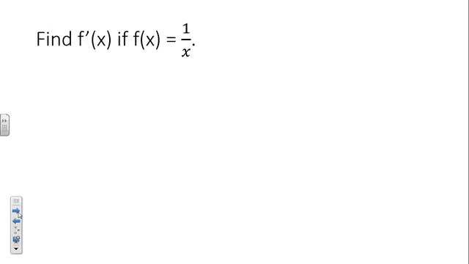Let's throw one more at you. Now a fraction. Last example. Definition of the derivative.